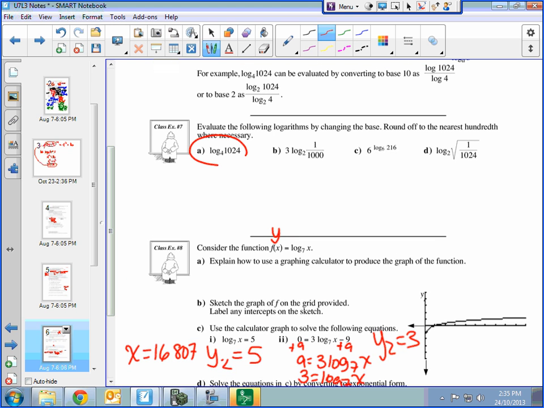For class example 7, to put this in your calculator, you go log of 1024 divided by log of 4. So every single time it's not going to change: log of your argument divided by log of your base.